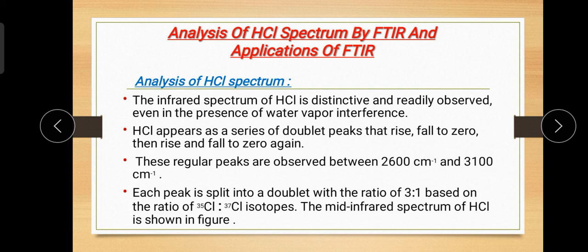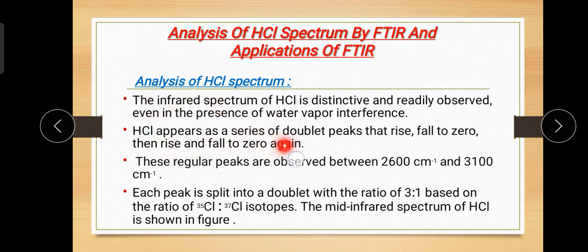But in the HCl spectrum, even if there is water vapor interference, we will get the spectra of HCl in a good manner. So this is beneficial for the infrared spectrum of HCl.